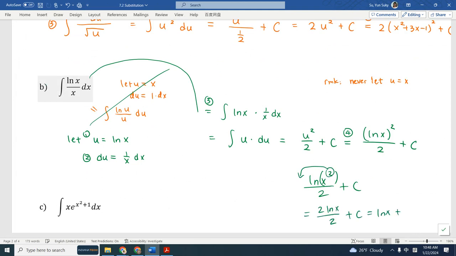So this is ln x plus c. So they are not equal. The square is on the entire ln x. It's not ln of x squared. So be careful. Don't forget parentheses. So that last part we don't have to do, right? Yeah, it's not the same. They just leave it like that. Okay.